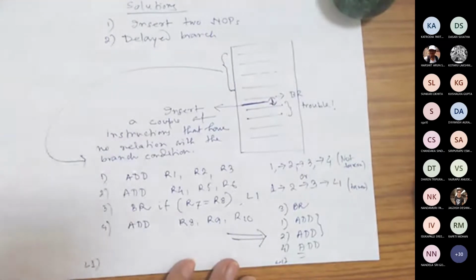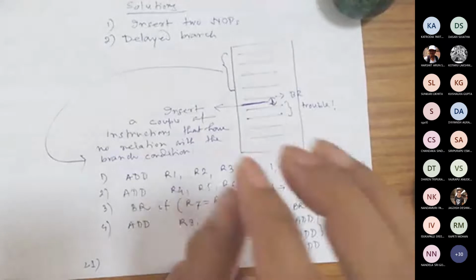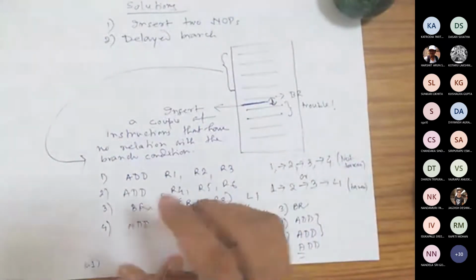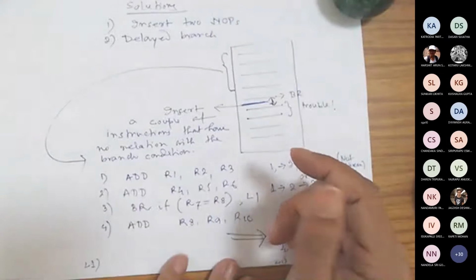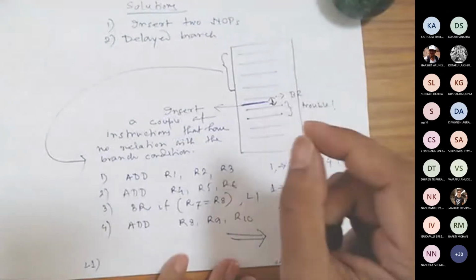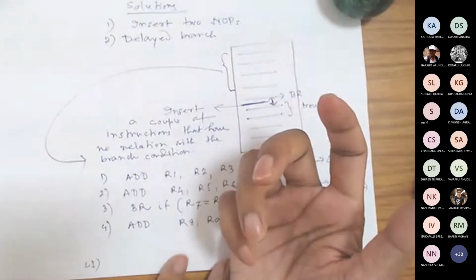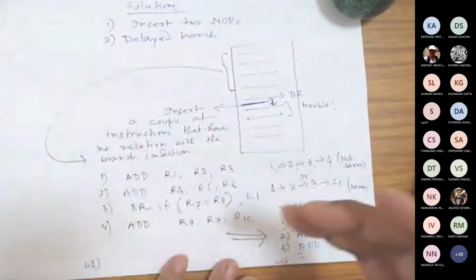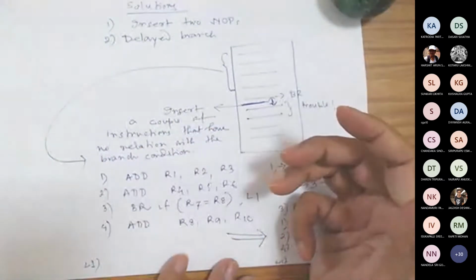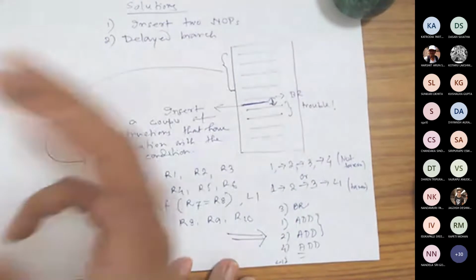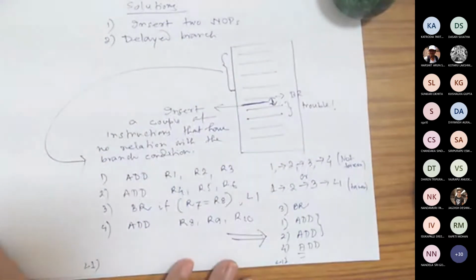I'm not saying that this is always going to save time, because when you do such reordering, you also execute compiler code. So you are overloading the compiler, and the compiler will take more time to do this analysis. You can argue that to get rid of a couple of instructions, or a couple of clock cycles, you are burdening the compiler.